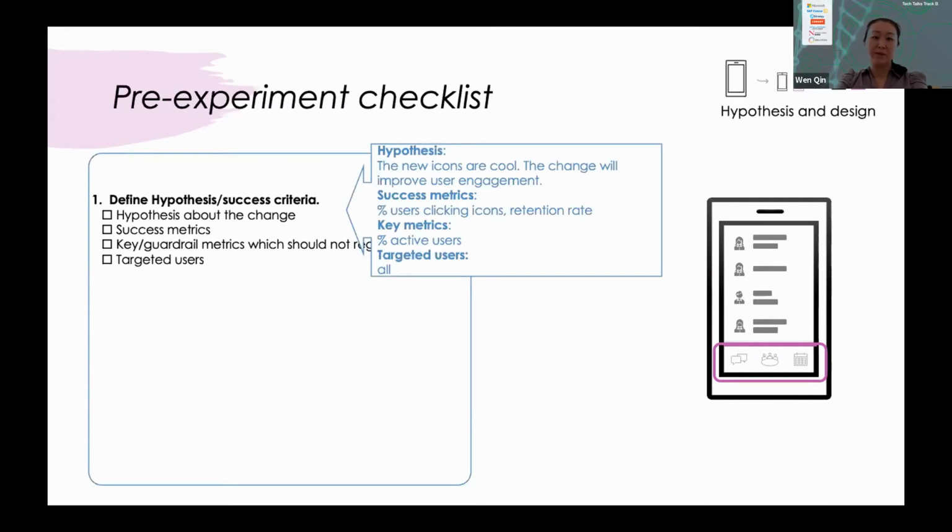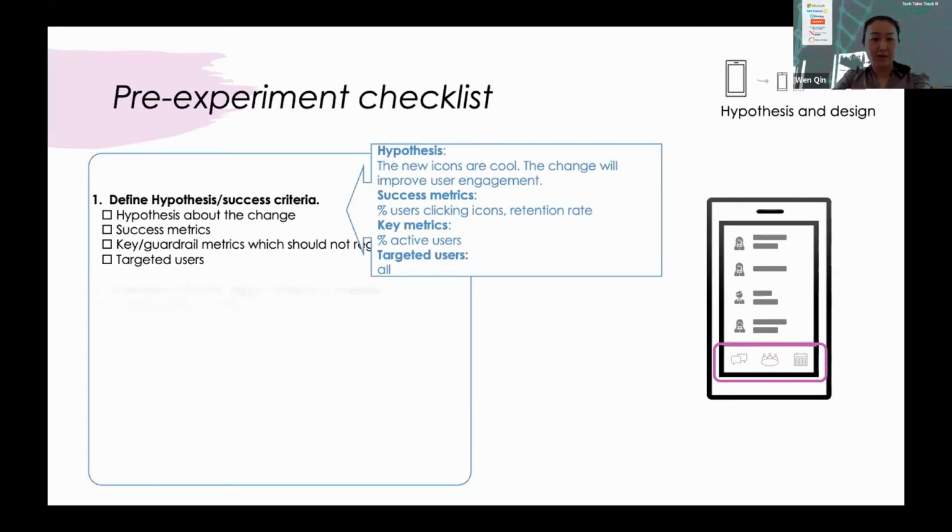You pick 2 success metrics, that is the percentage of users clicking the icons and the retention rates for all the users. You have the percentage of active users as a key metric, which you don't want to regress, since a regression indicates that your product is hurt. And you target all the users because everyone can see this change when they open this app.